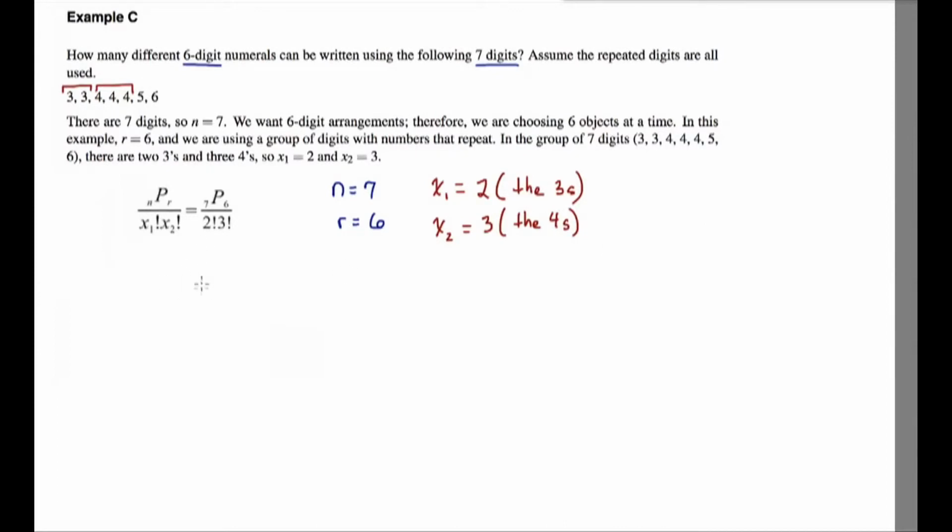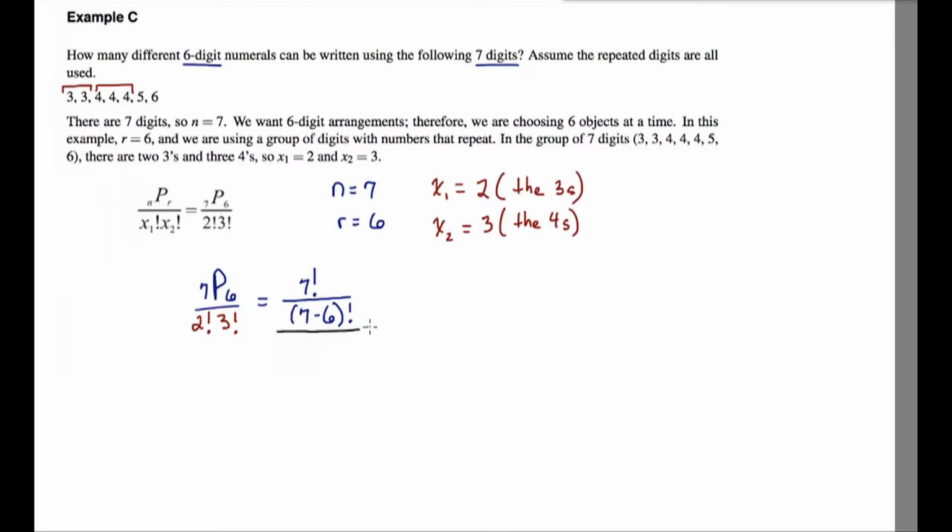So we're just going to put it into the formula. We get 7P6 over 2 factorial times 3 factorial. So this is going to be 7 factorial divided by (n minus r) factorial. So that's 7 minus 6, because we have 7 objects and only 6 spaces.